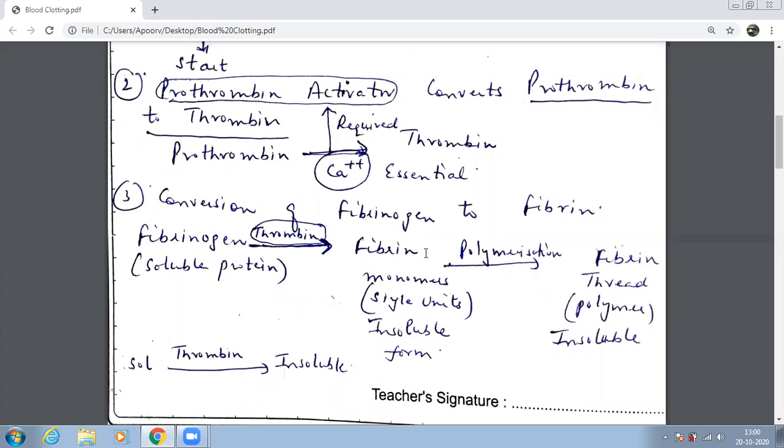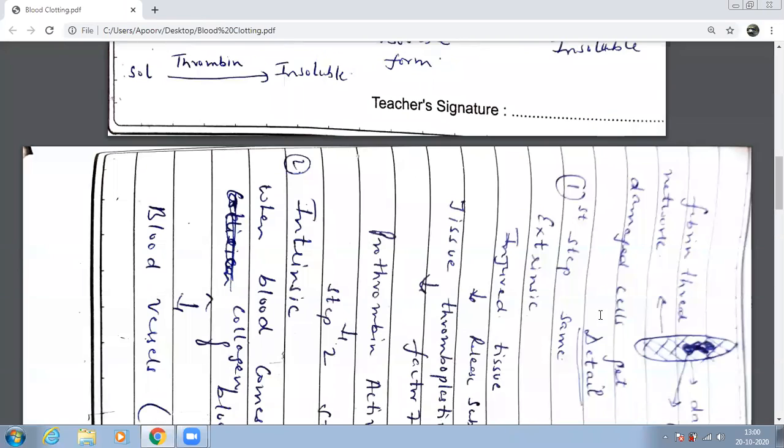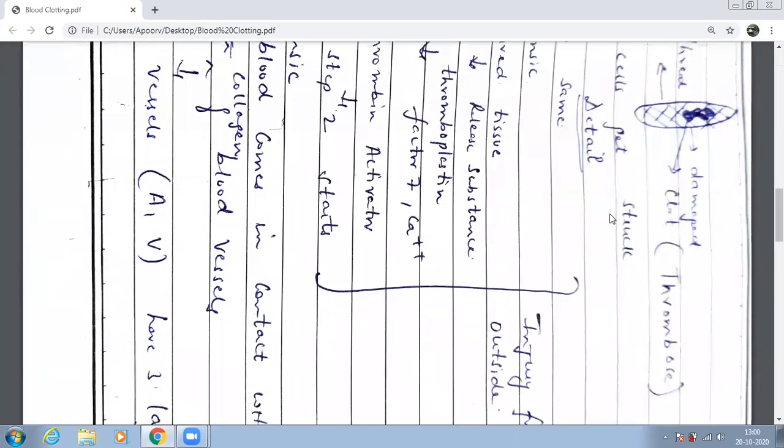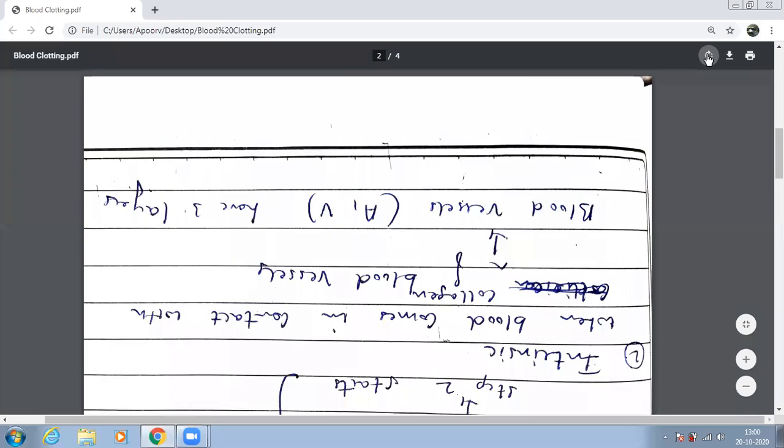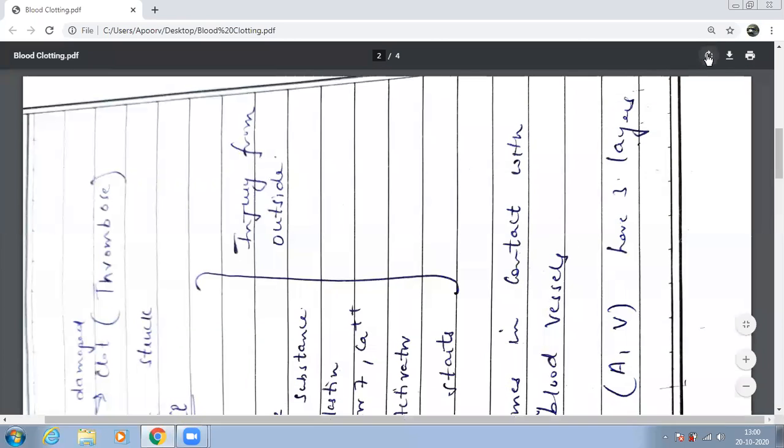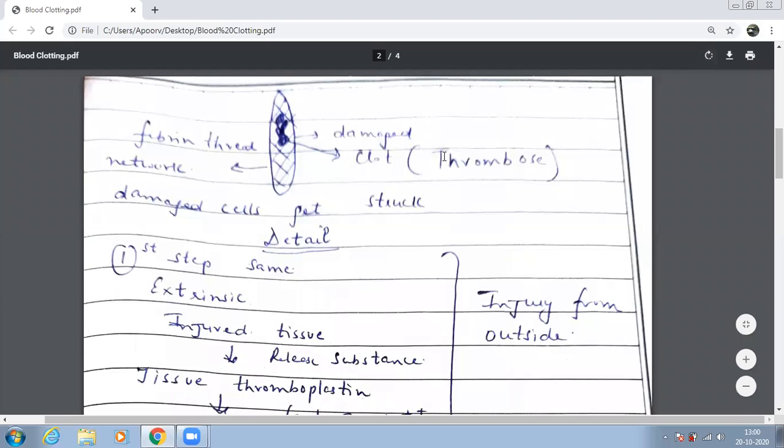They will undergo polymerization and you will get long threads of fibrin, or polymers of fibrin, which are insoluble. So basically, you're converting a soluble protein into an insoluble protein. This is the third step.